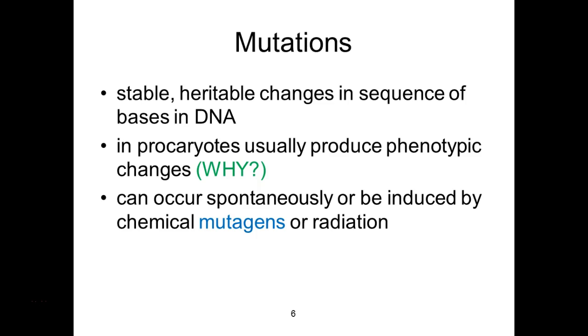The phenotype is the physical expression of the genetic information, right? So in the case of hemoglobin, right, that protein is your phenotype, the physical expression of your genetic information. What you can make from it.